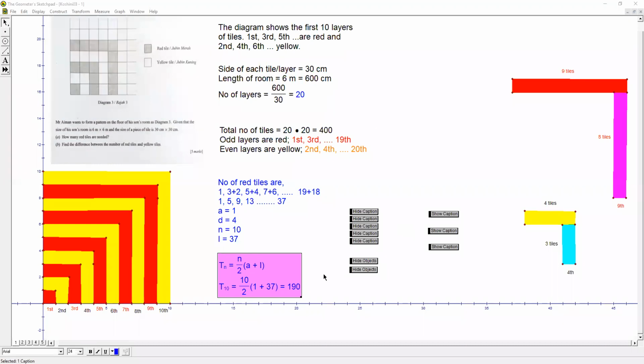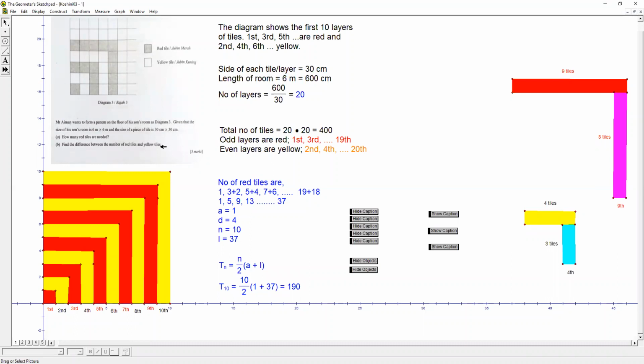So now we have found the total number of red tiles. But the question says we need to find the difference between the number of red tiles and yellow tiles. So other than finding the total number of red tiles, we need to find the number of yellow tiles.